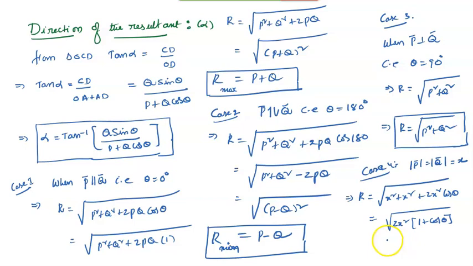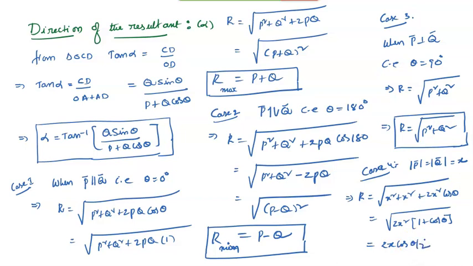We can write 1 plus cos theta as 2 cos square theta by 2, so R is equal to 2x cos theta by 2. So we can write like this.